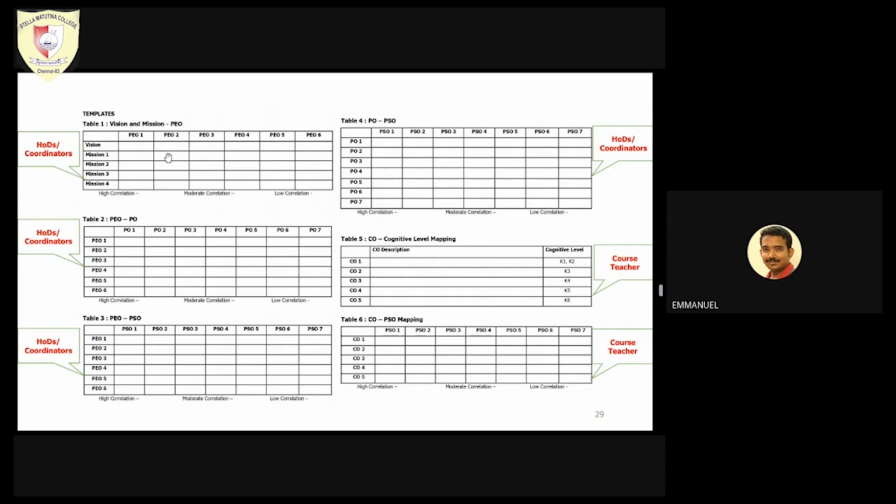If that comes, then the way we prepared the program educational objectives had not been suitable for the vision and mission statements. That is why I insisted in the previous session that with the vision and mission statements as the base, we have to build up the program educational objectives.